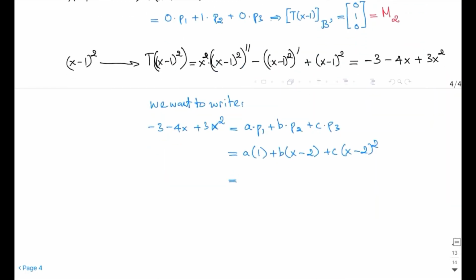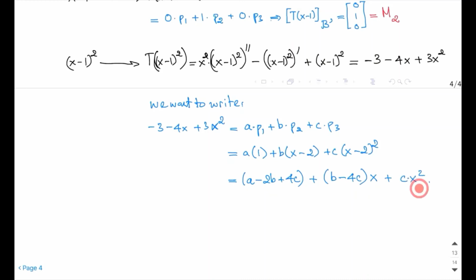Now after you distribute b, expand the square and distribute c, group the like terms and rearrange them, you should get something like this. So a minus 2b plus 4c for the free coefficients. The coefficient for the x would be b minus 4c. And the coefficient for the x squared is going to be c.